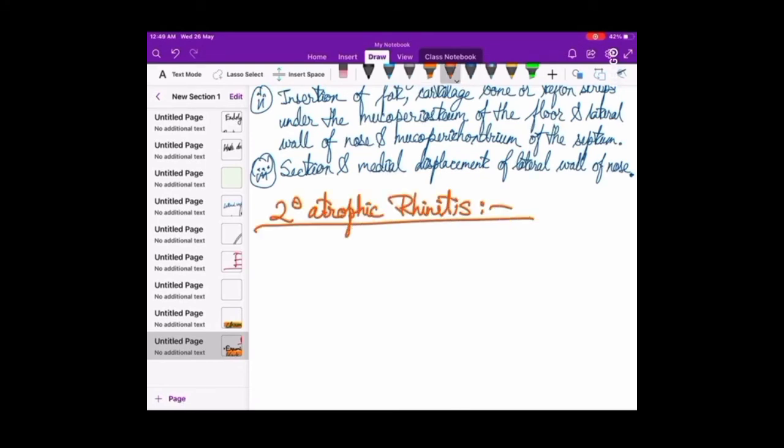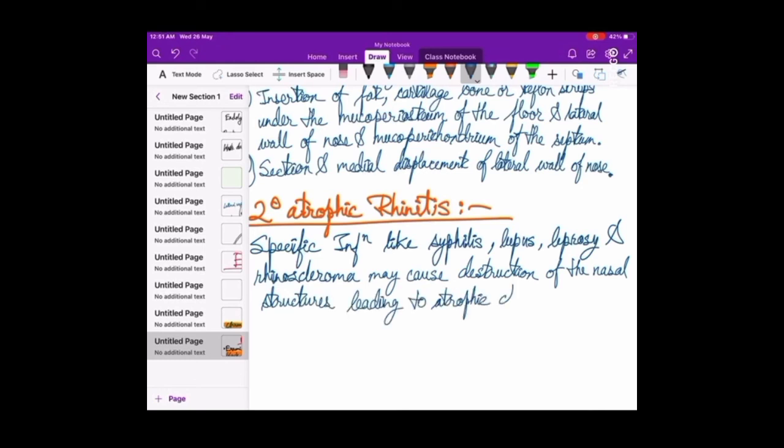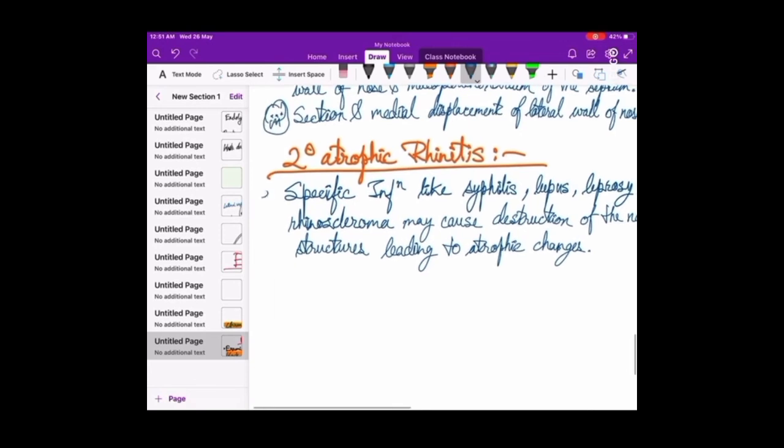Secondary atrophic rhinitis: specific infections like syphilis, lupus, leprosy, and rhinoscleroma may cause destruction of the nasal structures, leading to atrophic changes.